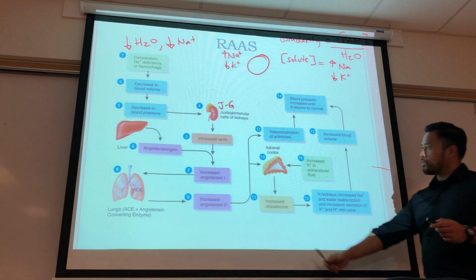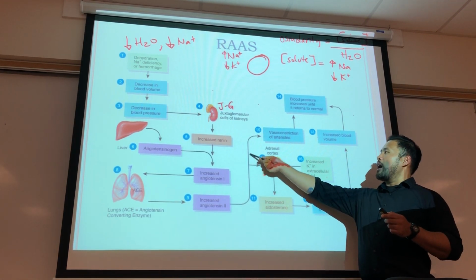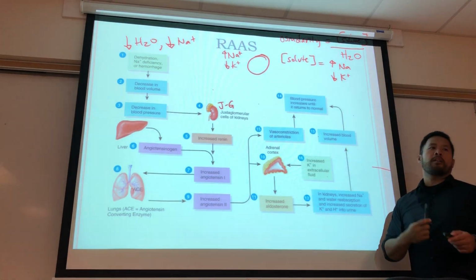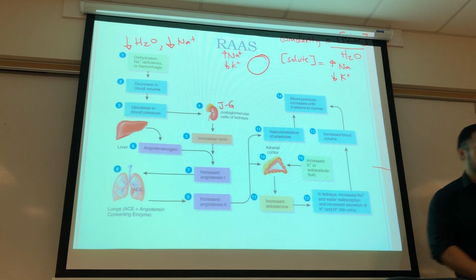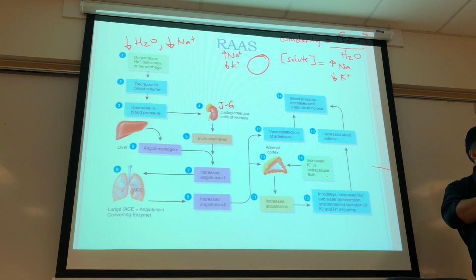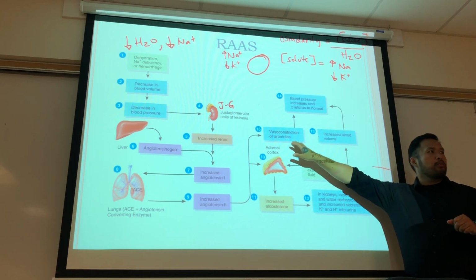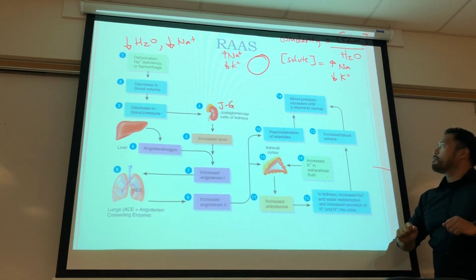Now angiotensin 2, this is the other pathway that I need to describe. Angiotensin 2 comes in and also has a direct effect on the arteries, where it's going to cause vasoconstriction. Take whatever remaining blood is in the arteries and squeeze them. What that's going to do is increase blood pressure. So therefore blood pressure raises back up.